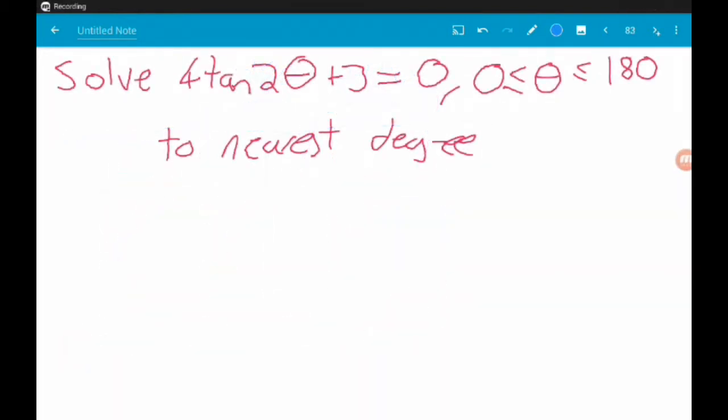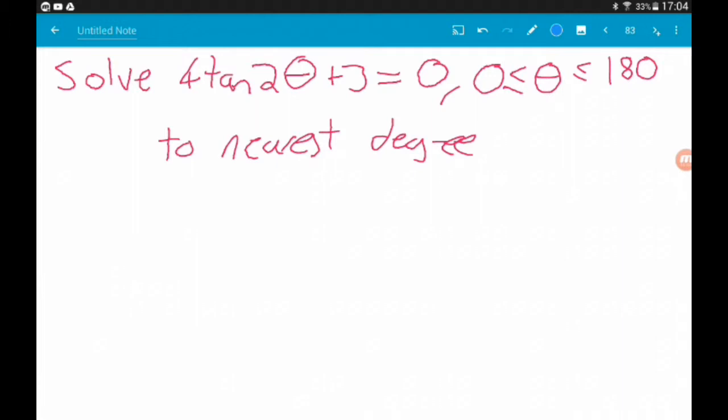Okay, first example then. We want to solve 4 tan of 2 theta plus 3 is equal to 0 for theta between 0 and 180 degrees to the nearest degree. We have to rearrange the equation to get tan 2 theta on its own. So, we've got 4 tan of 2 theta plus 3 equals 0.